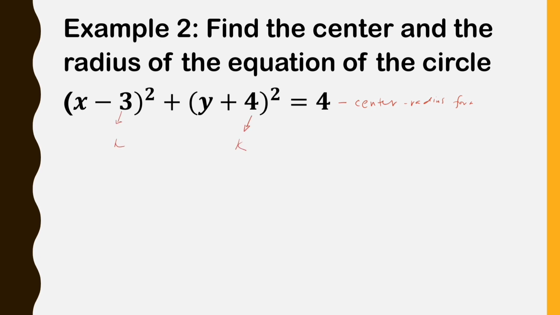As I said earlier, to get h and k, we just get the opposite of their values. Since it's negative 3, our h is positive 3, and for k, that will be negative 4. And r squared equals 4, so getting the square root, r is equal to 2.